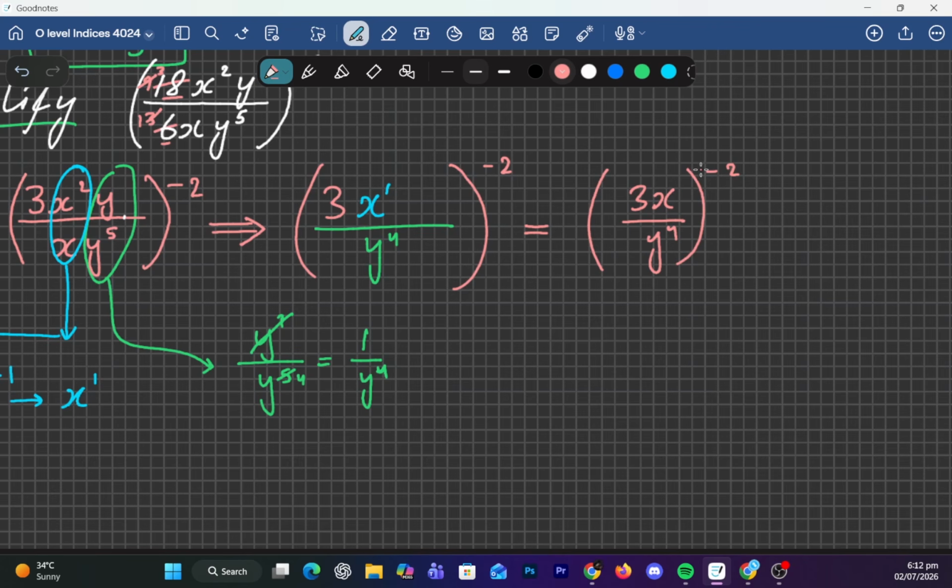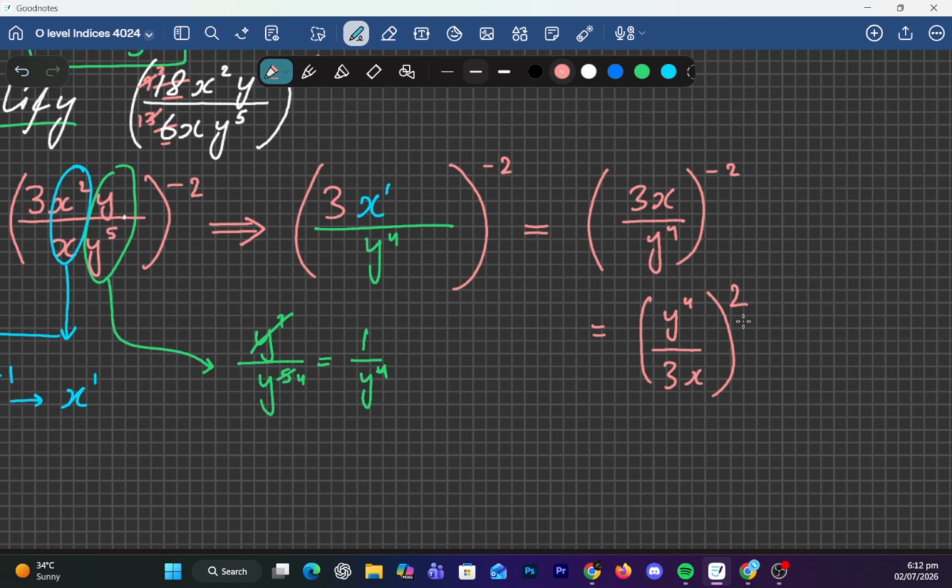Now we have recently learned that if we have a negative power, we can convert it into positive by taking a reciprocal. Now we can take the reciprocal of this inner bracket. This y to the power 4 will come on the upper side and 3x will go to the denominator.